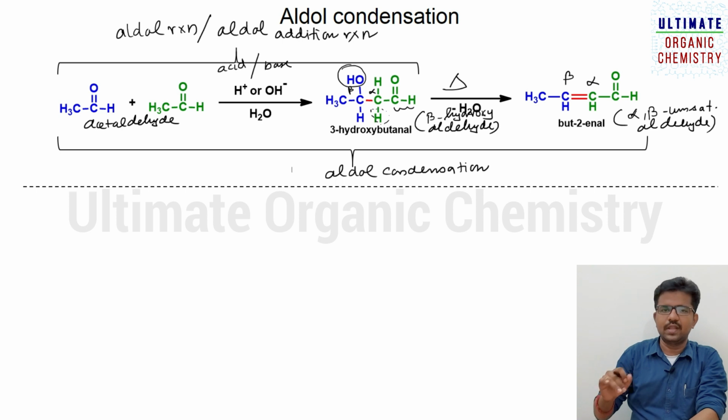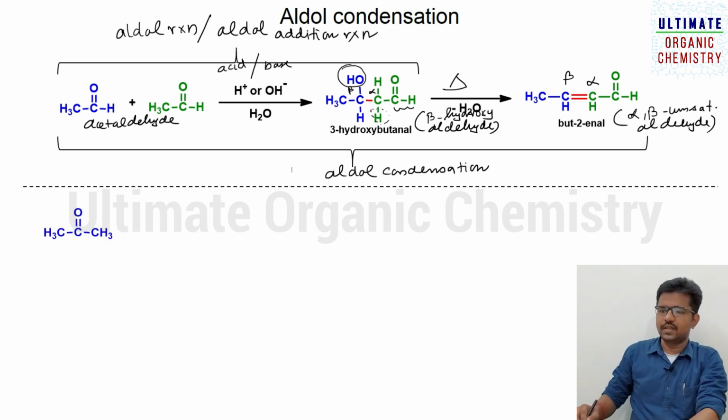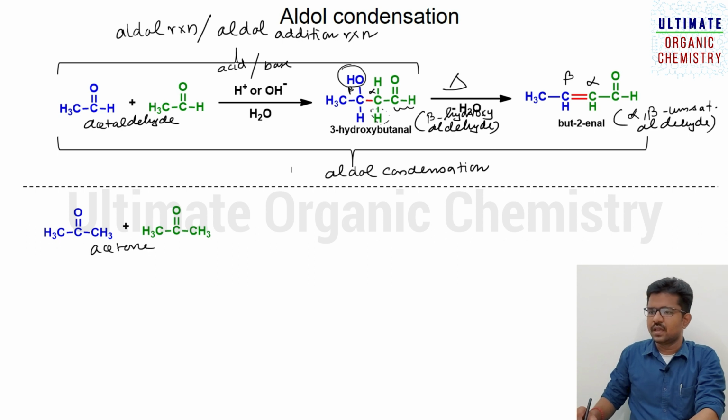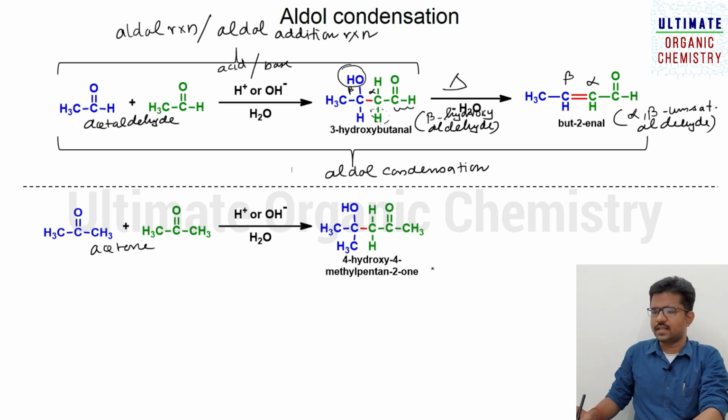Okay. So this is about the reactivity of 2 moles of aldehyde. Suppose you have a ketone, that is acetone here, when 2 moles of acetone react together in the presence of the same acid or base catalyst in water as a solvent, it also provides a compound known as 4-hydroxy-4-methylpentan-2-one, that is, a beta hydroxy ketone as a product. Okay. So this aldol reaction is applicable to aldehyde as well as ketone, and it provides the corresponding hydroxy products.